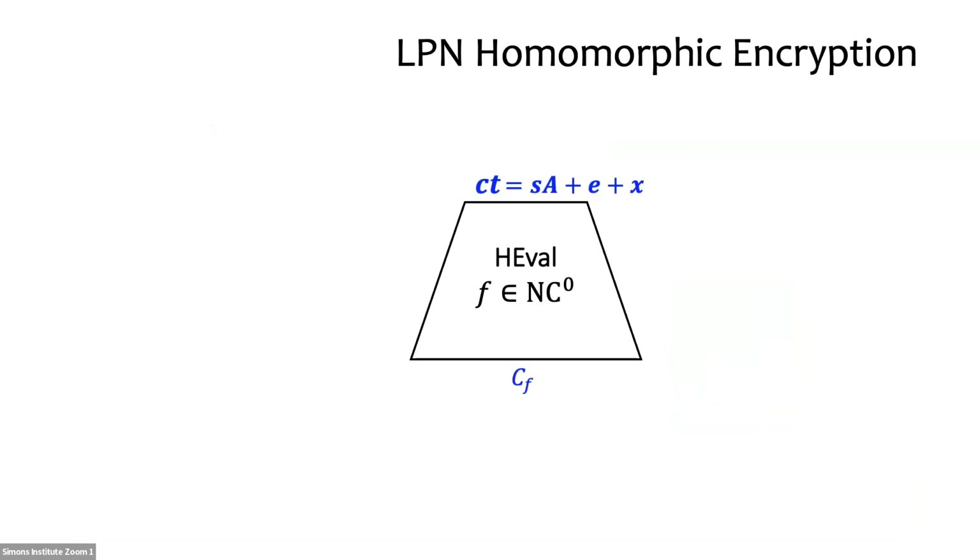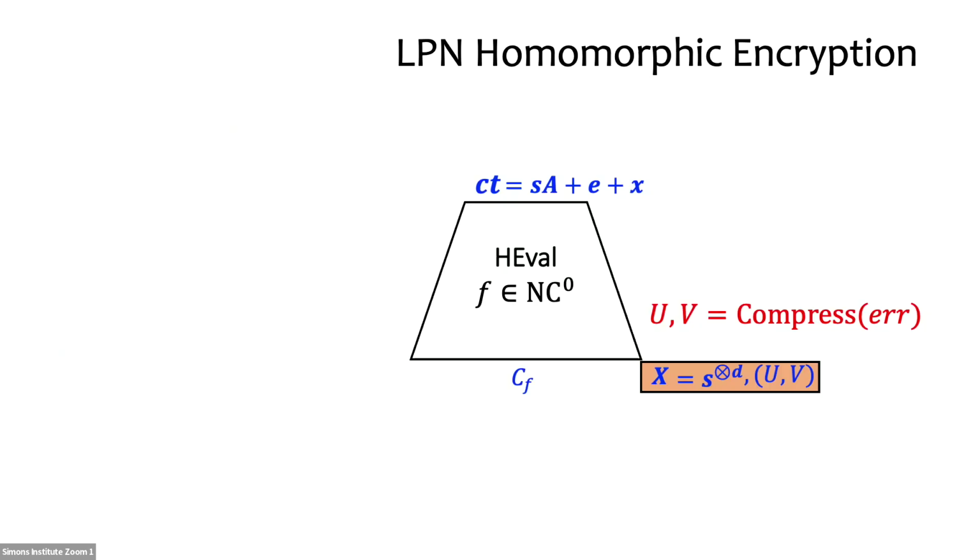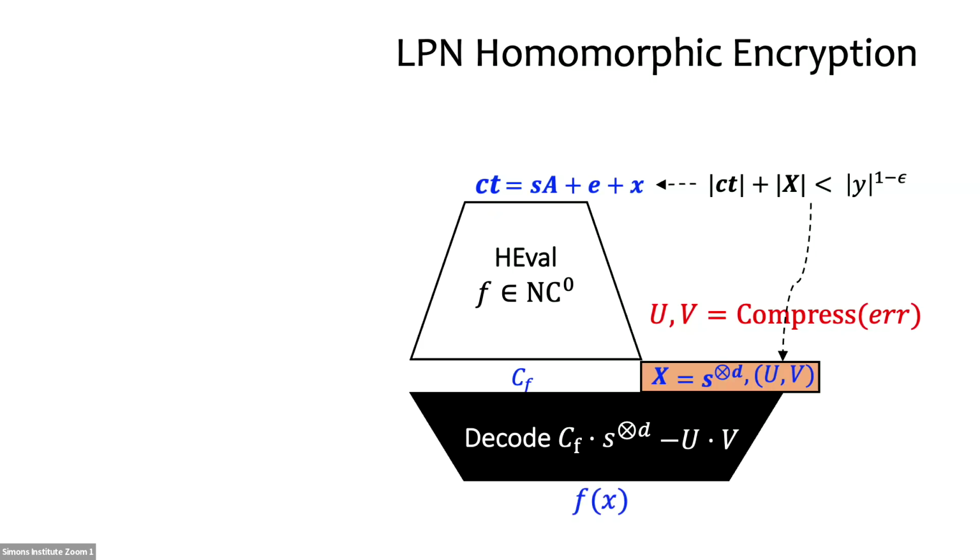Okay, so in summary, the LPN homomorphism allows us to evaluate the NC0 function homomorphically on LPN encrypted ciphertext to produce an output ciphertext for which there exists a very short decoding secret, which contains all the degree D monomials in the secret vector S, as well as the compressed version of the output error vector. Everything is sublinear so far, and the final decoding step is just degree 2.